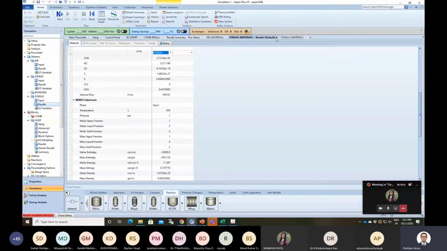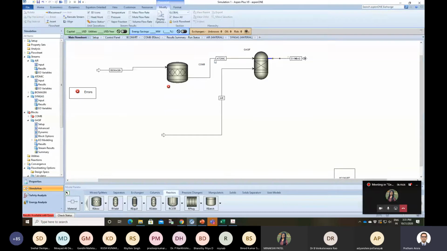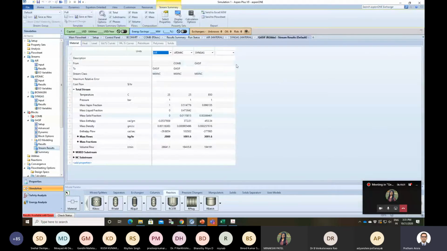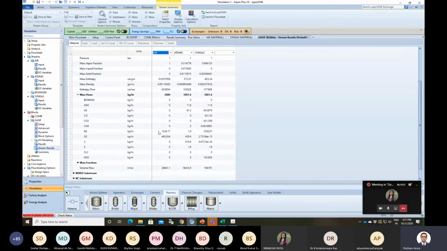Another feature is that you can select a factor and go for stream results, and it will give you the input streams and the output streams as well. So you can see what the mass flows going in are. The air just has nitrogen and oxygen. This is the atomic part of the biomass.